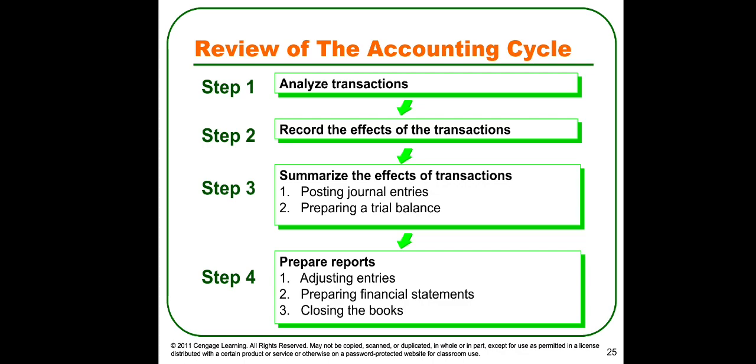And then step number 8 is you have to do closing entries. Okay, you have to focus on step 1 to step 7. The main thing in this course is you have to know how to do the recording process and also how to prepare the income statement and balance sheet.